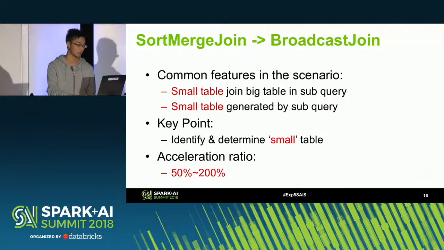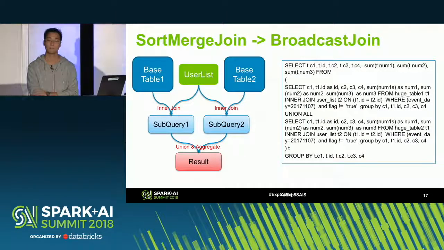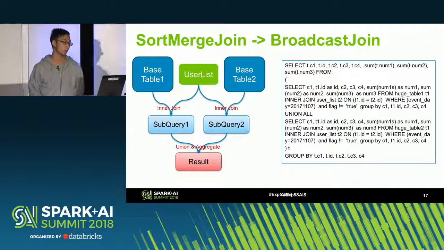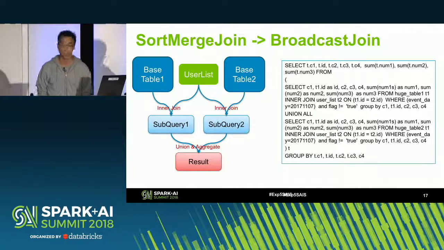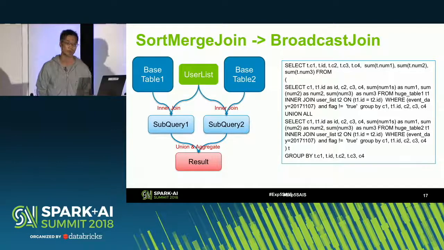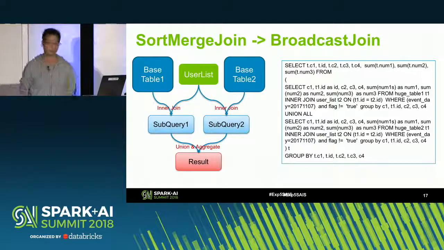Here we show a detailed user case. The original user SQL is in the blue box on the right, and its logic is almost like the left. You can imagine that I currently have two big tables, base table 1 and base table 2 in the blue box.